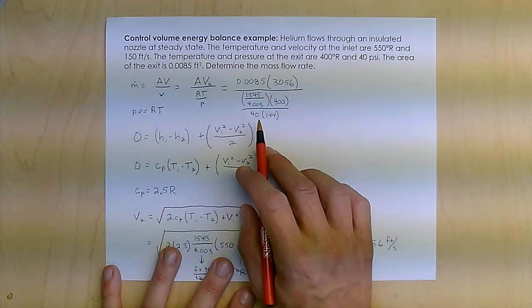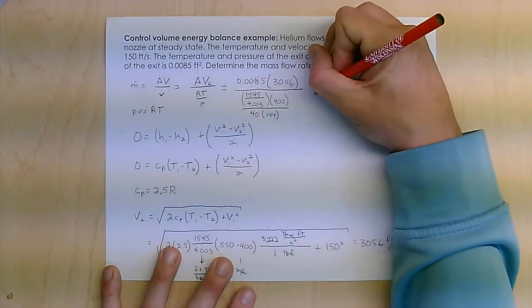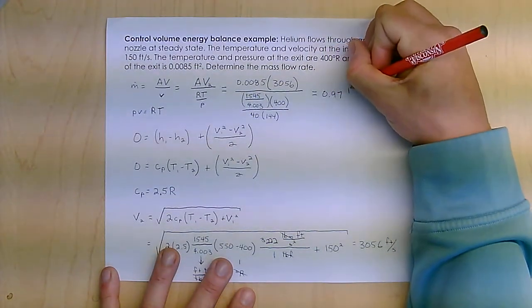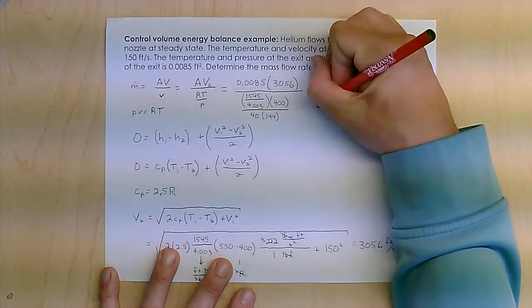Plugging all of that in, I get a mass flow rate of 0.97 pound mass per second.